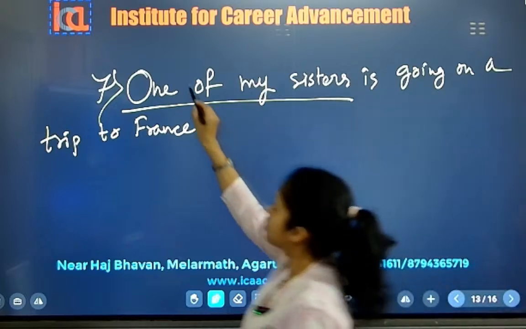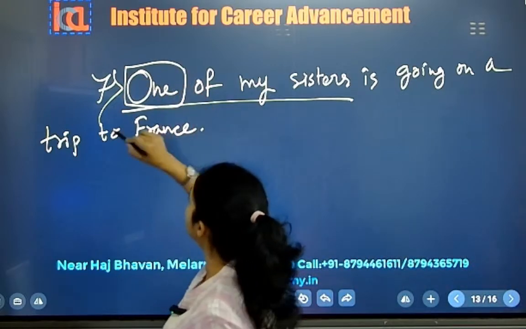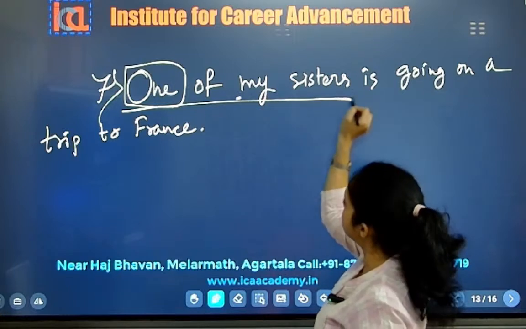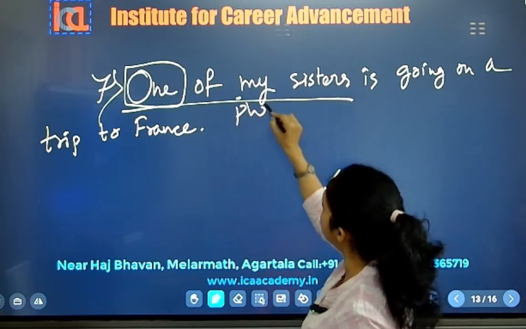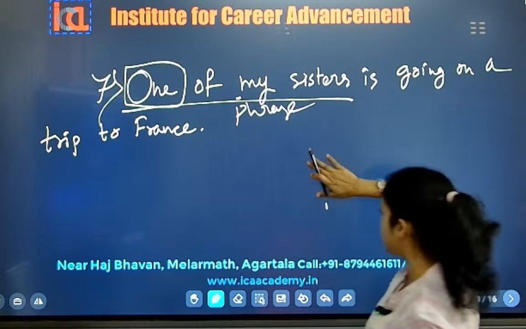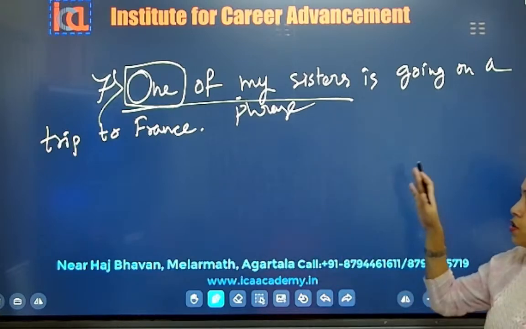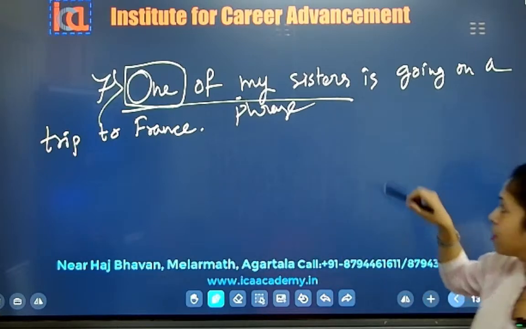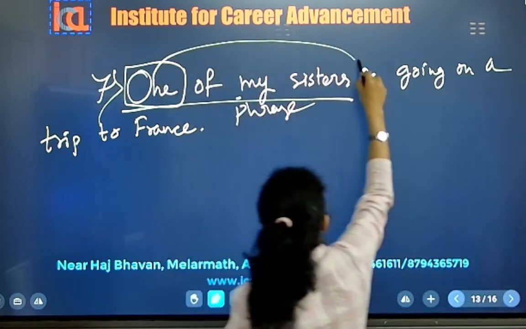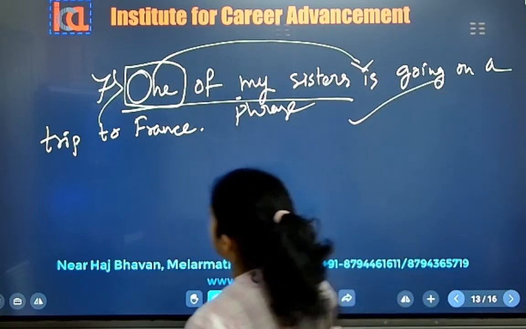One. So I hope you all are clear. One of my sisters: I told earlier also, of my sisters is a prepositional phrase, the words used after the preposition. One is related with is. The sentence is correct.